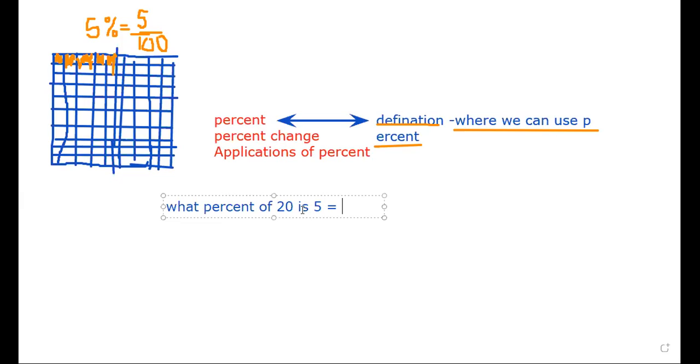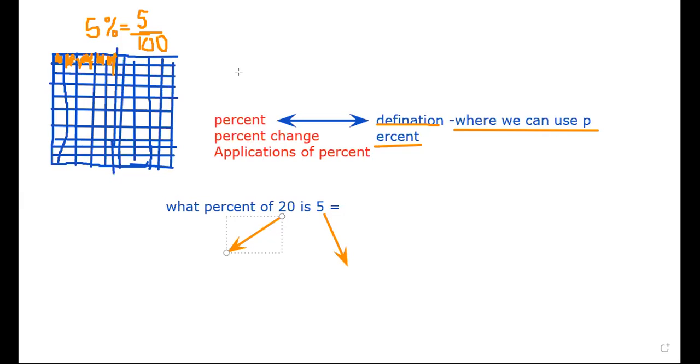We have to know that. We can translate this. Look, I have a word after "is" and a word after "of". What is the difference between them?